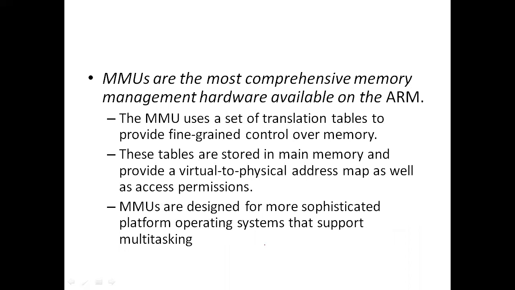The MMU uses a set of translation tables to provide fine-grained control over memory. These tables are stored in main memory and provide a virtual to physical address map as well as access permissions. So this MMU allows you to extend the ARM processor's memory processing ability.